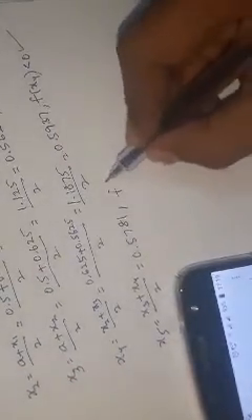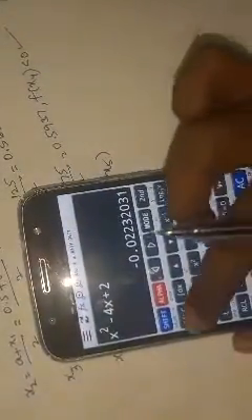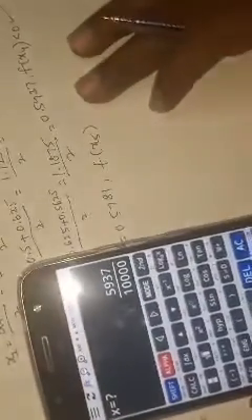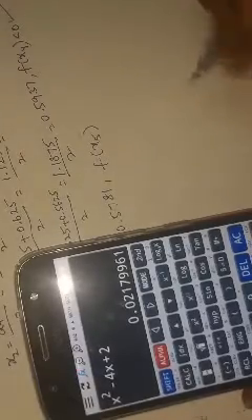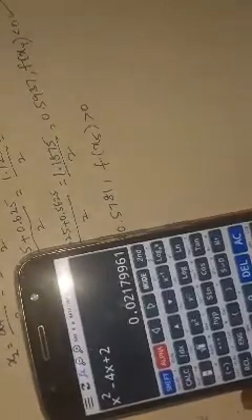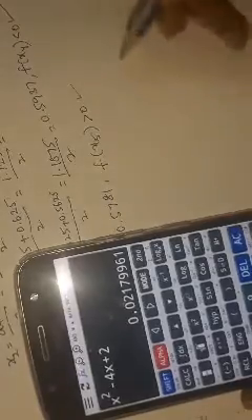And f of x5: again press CALC, and your x is 0.5781. That is equal to a positive value. So mark this one and cancel the previous value.